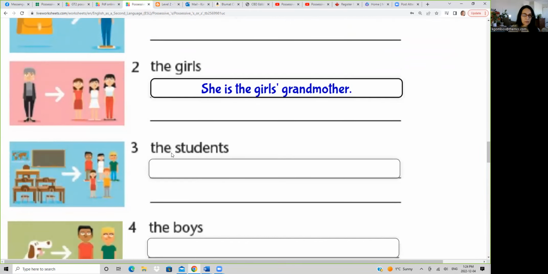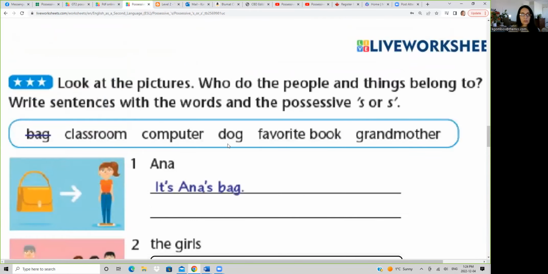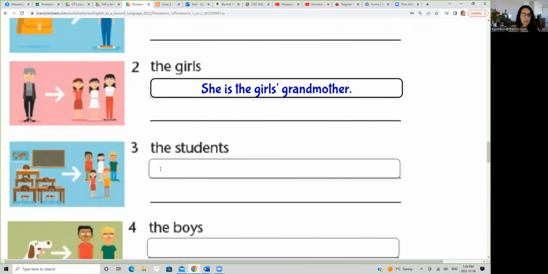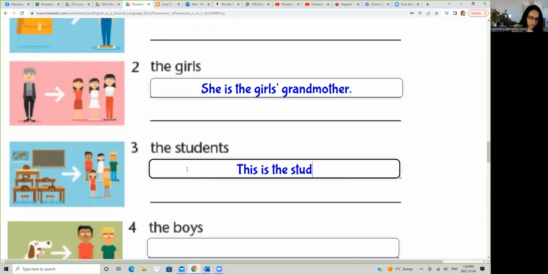The student. I think you have here a classroom, so you can say, this is the student, apostrophe, after this, class. So this is the student's class.